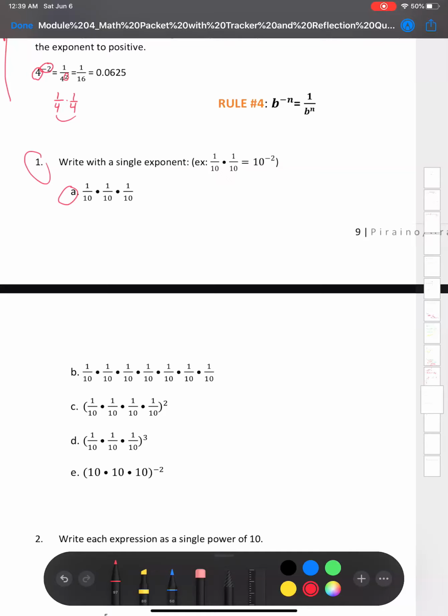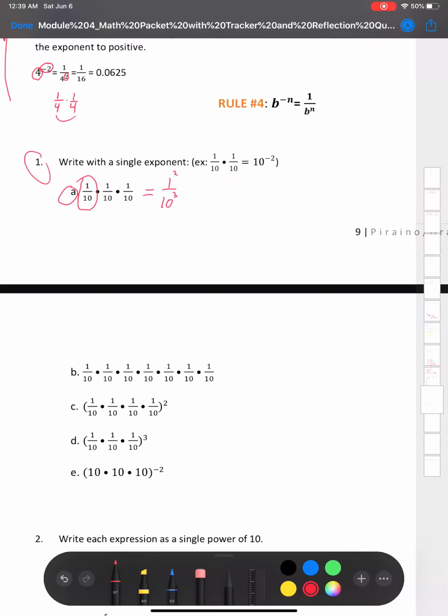Essentially, you are multiplying the 1 divided by 10 by itself 3 times, which basically means that 1 divided by 10 is your base, right? So in other words, that would be 1 divided by 10 to the third power.